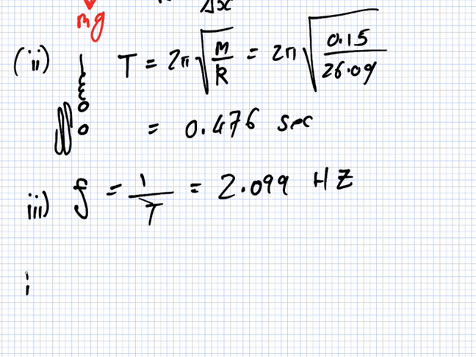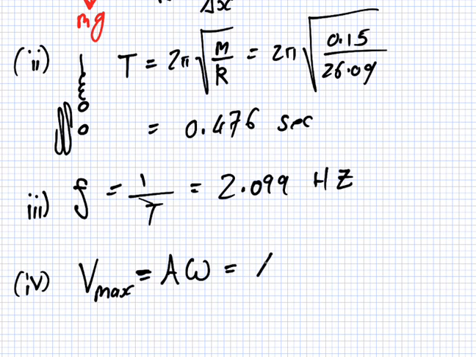Okay. Now, does anybody remember the formula for the maximum velocity? A omega, I think. Well, it's x omega when x is the maximum. Now, we don't know omega, but we have a formula for omega.